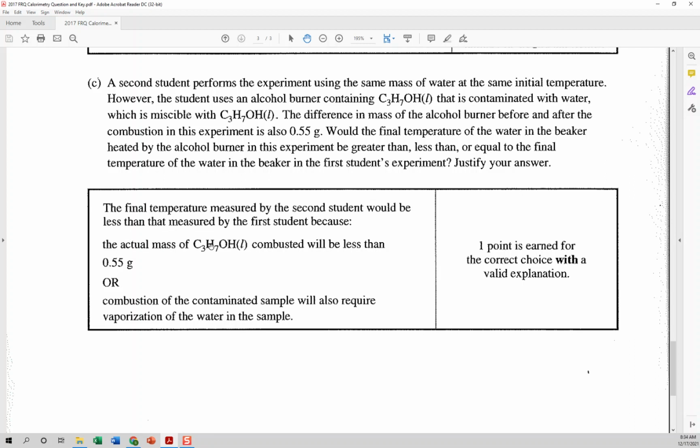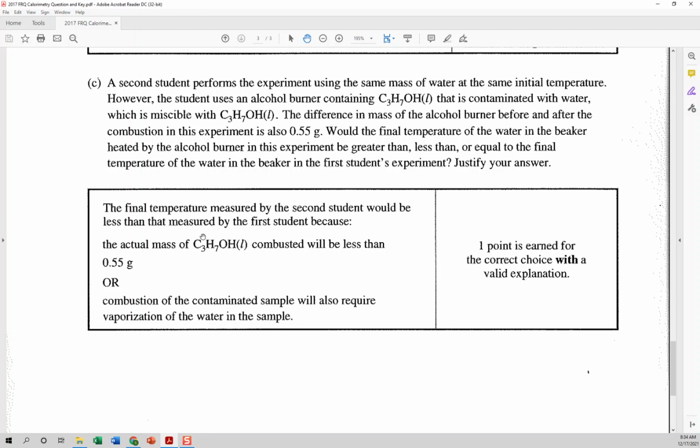It says the actual mass of propanol combusted will be less than 0.55. There you go. What do we say? Yeah, all right. Or combustion of the contaminated sample will also require vaporization of water in the sample. Okay, so it's kind of saying the same thing. So it just means this is not the mass of propanol that combusted. It's going to be less than that because some of that mass would belong to the water that you lost as well.